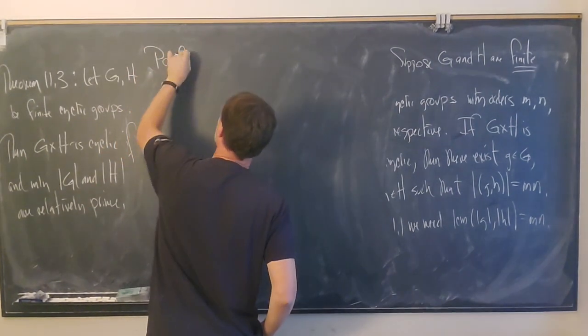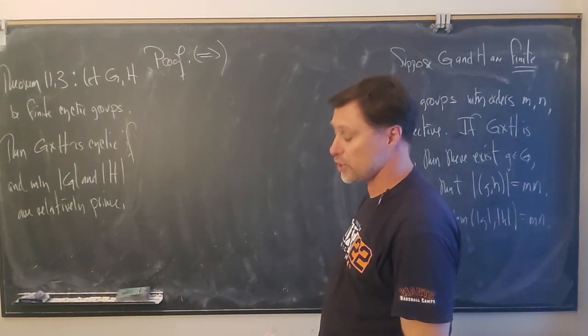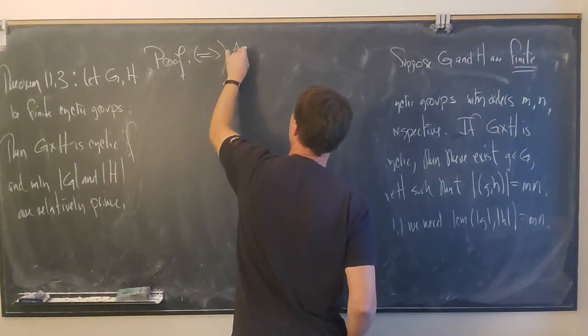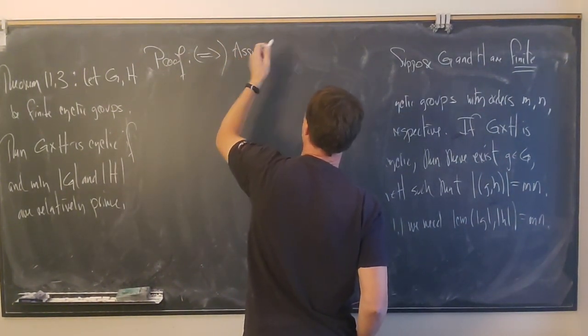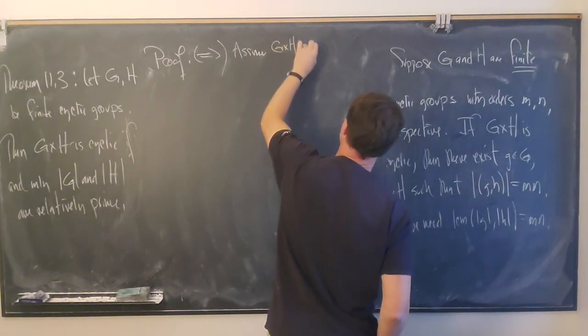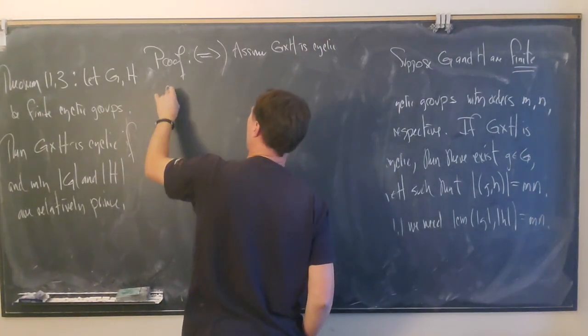Okay, so let's consider the forward direction. So we're going to assume that G cross H is cyclic, and let's write out our orders of our groups.